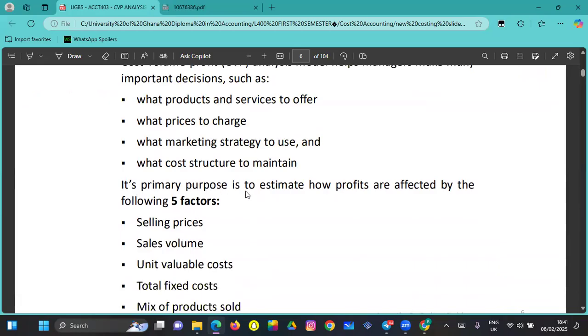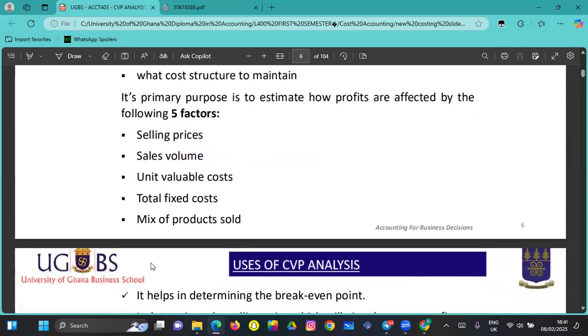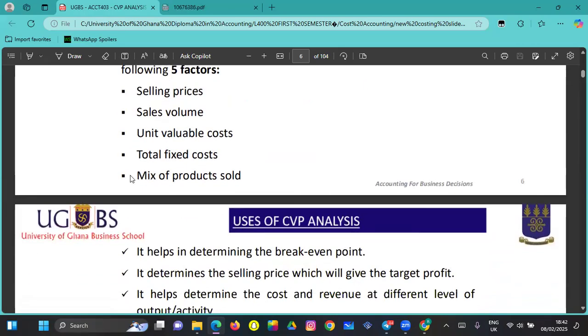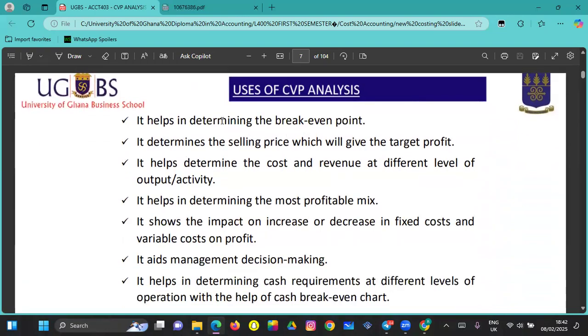Its primary purpose is to estimate how profits are affected by the following factors: selling price, sales volume, unit variable cost, total fixed cost, and mix of products sold. I won't talk about mix of products sold. This can come in our exams as objectives.